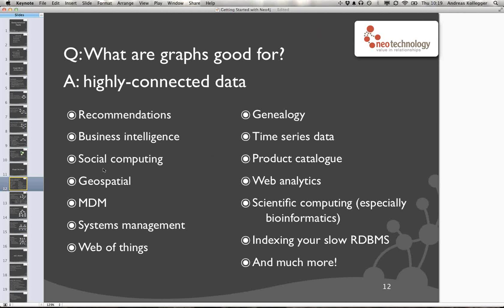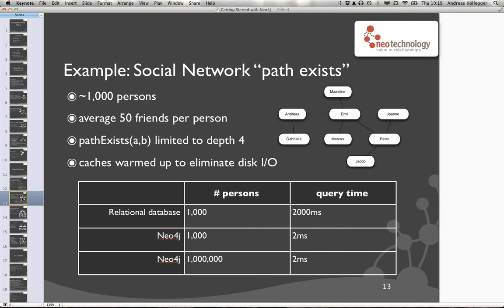Now, I'm going to take a brief look at what I mean by how much better the performance is versus a traditional relational database. Early on, we did a sample performance test to compare, for a similar data set, how Neo4j would compare to traditional relational database tables.